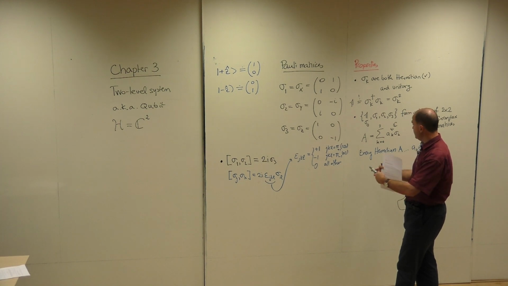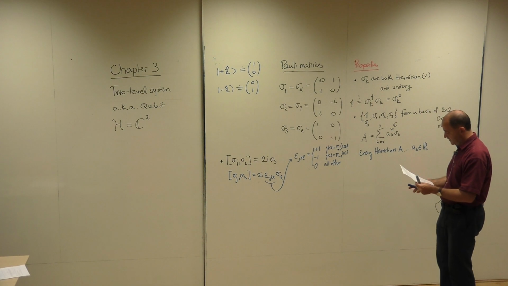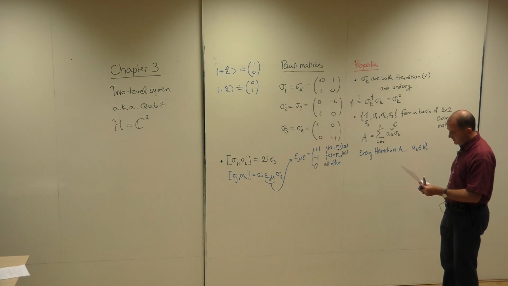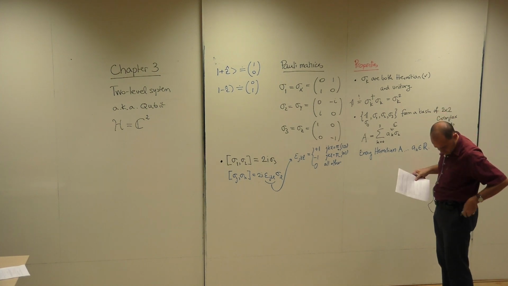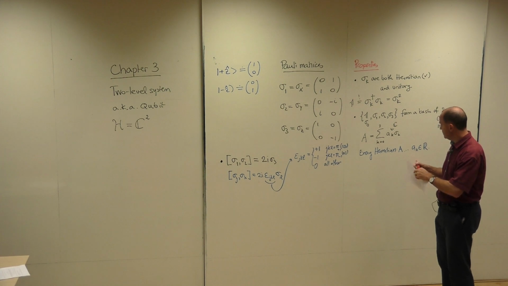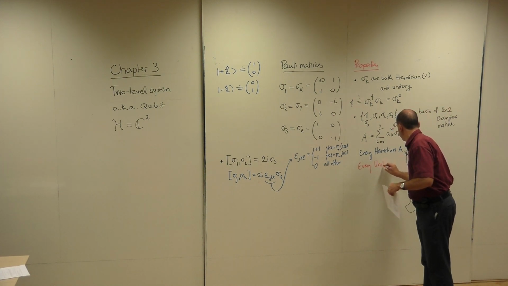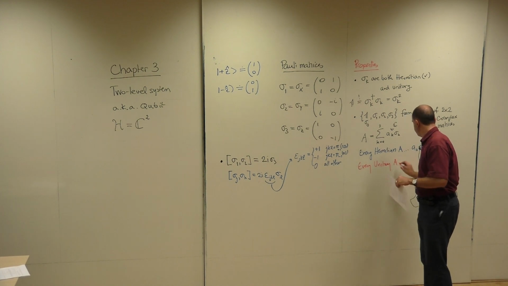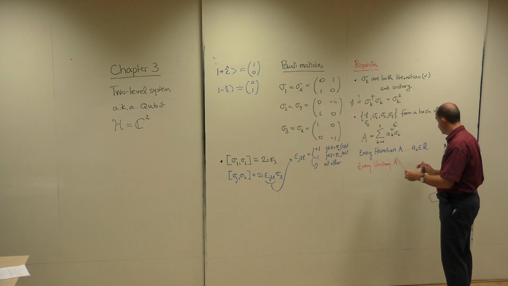Now, the last point that I want to make is that here I said that every Hermitian operator can be written like that. Now that we have the products, we can check that every unitary operator, let me write it in red, so I have all these pens here, every unitary operator can be written like this.